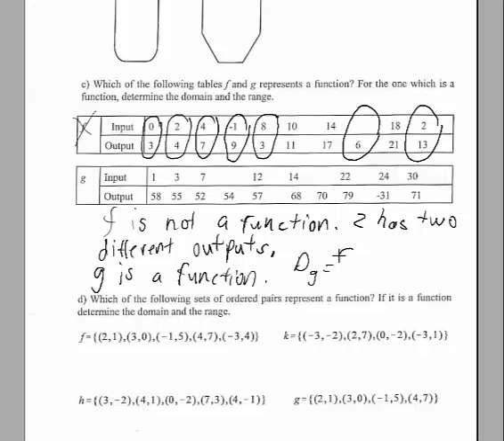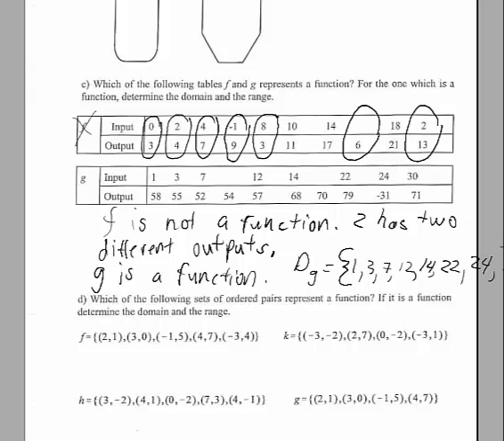So if we want to write out the set of the domain, we would write 1, 3, 7, 12, 14, 22, 24, 30, and we would close our set with a bracket.